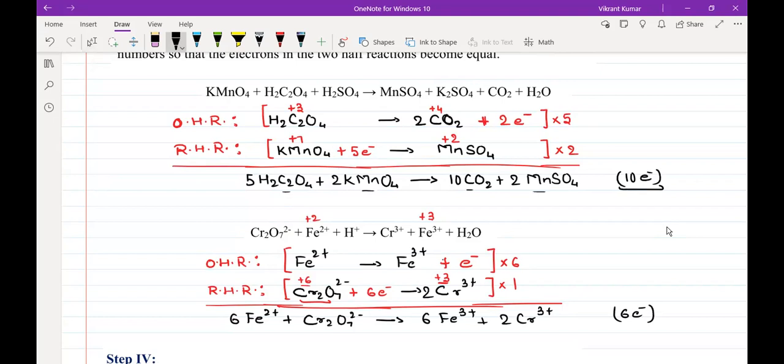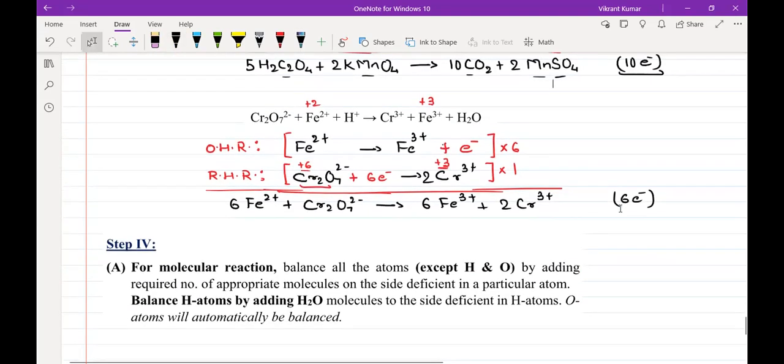Now tell me, what are the other elements present here other than H and O? पोटेशियम, potassium, yes. Anything else? Sulfur. Left, right दोनों देखने का है. Sulfur is also there, na? So we need to balance potassium and sulfur before balancing H and O. Okay?